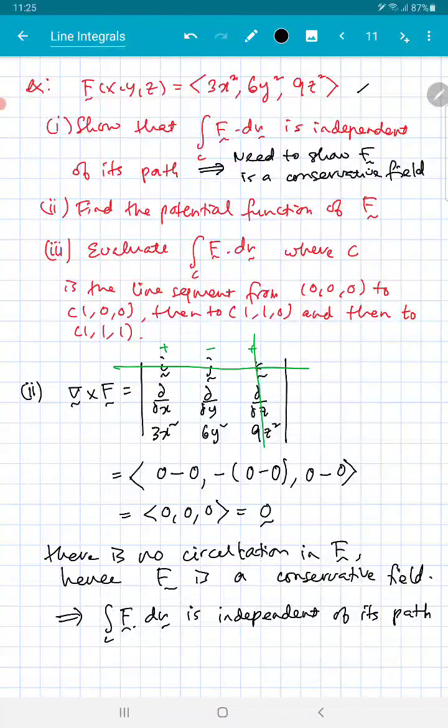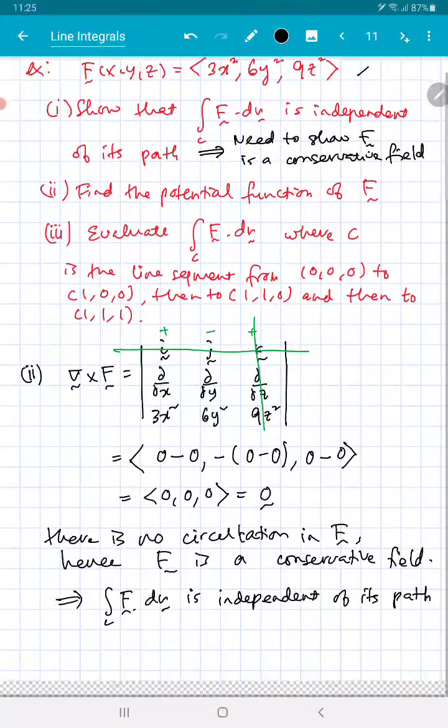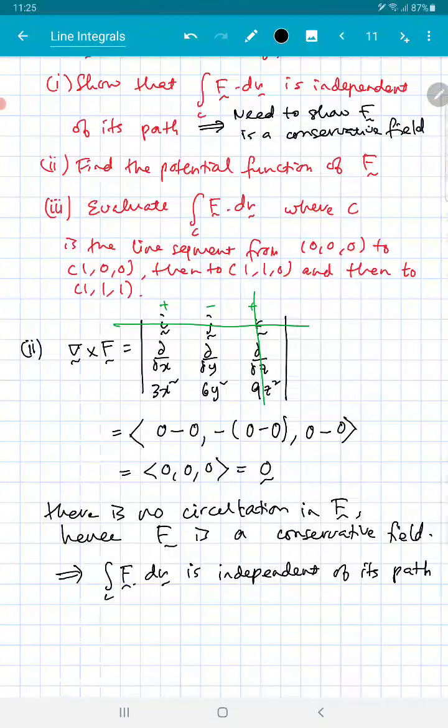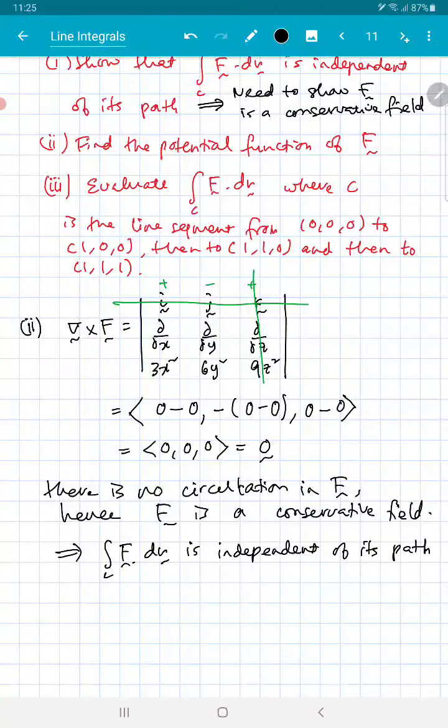Okay, so that is part 1. We just showed that there is no circulation in the vector field F, hence F is conservative. So when F is conservative, F dot dr integrated over curve C does not depend on its path.